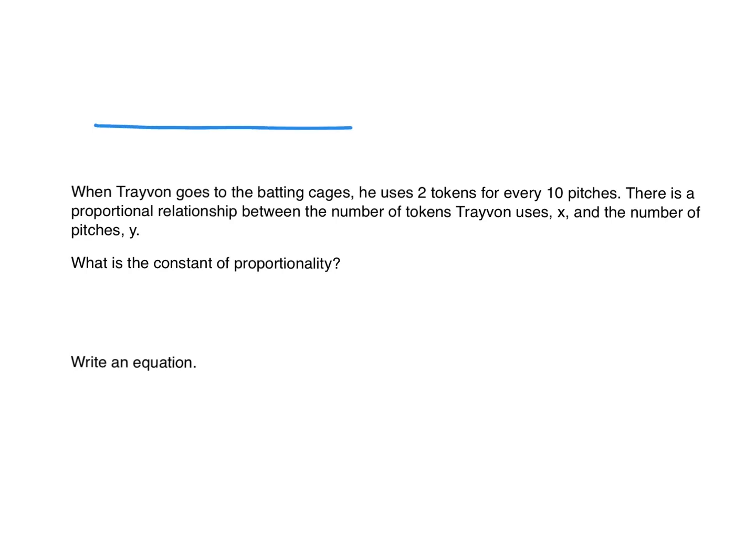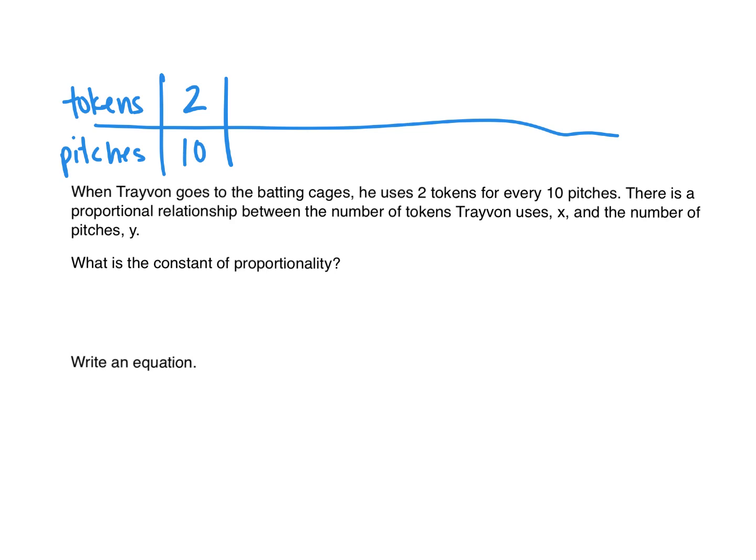So when I make my rate table, I'm going to think about our tokens is 2 and our pitches is 10, and we want to think about how many pitches for 1 token, because the number of pitches depends on how many tokens I have. So we would see that we would get 5.